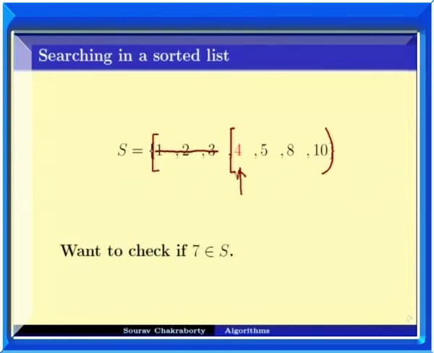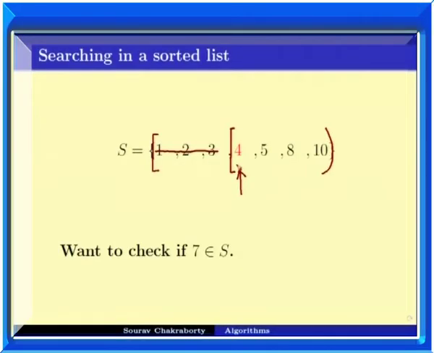Now, we are left with a sub problem, a sub task of finding 7 in this smaller list. Initially this one was index 1 and this one was index 7, and after this first round we have pushed our lower boundary from 1 to 4.